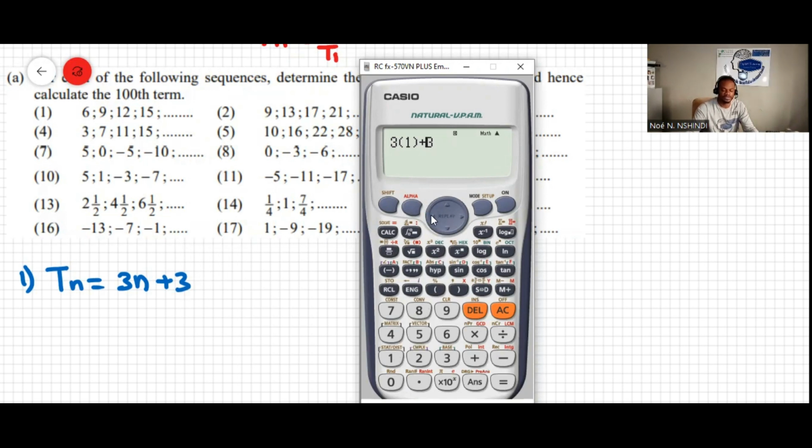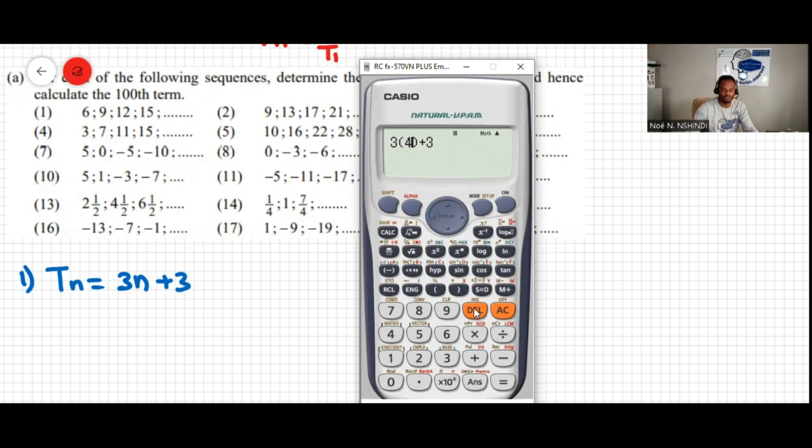And I need to find the second term. I'll sub 2 there, and hit equal. You see, it's 9, the second term. This 15 is the fourth term. I can sub 4 in the brackets and hit equal, and we get 15. So now to find the 100th term, we do the same thing.